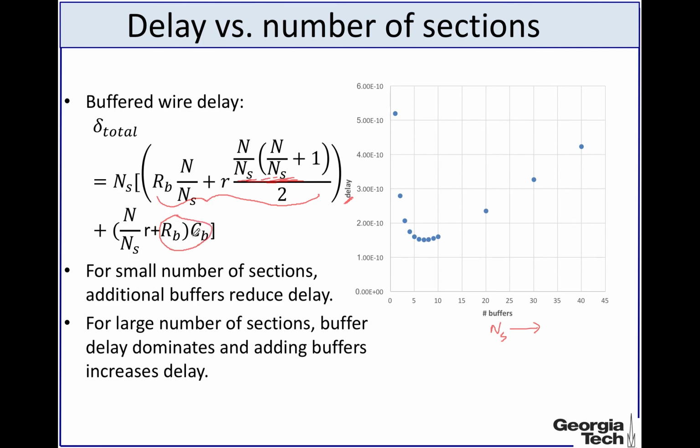Now the CBRB term comes from the output resistance and input capacitance of the buffers. So essentially, when you go beyond a certain number of buffers, you get dominated by the delay of the buffers themselves. So if you introduce a small number of buffers, or break this interconnect into a small number of sections, you reduce the delay because it reduces this square term over here.